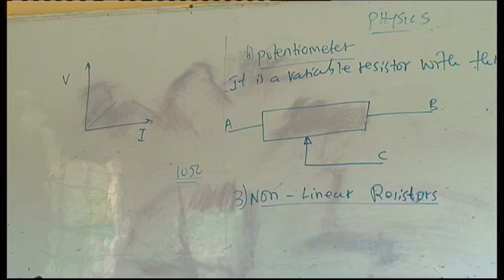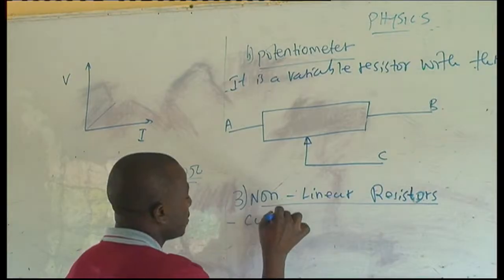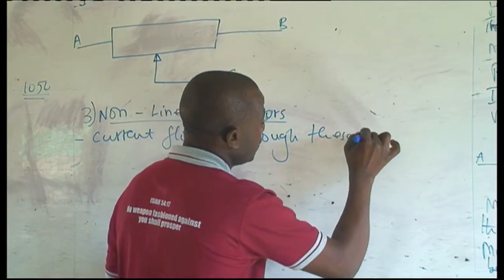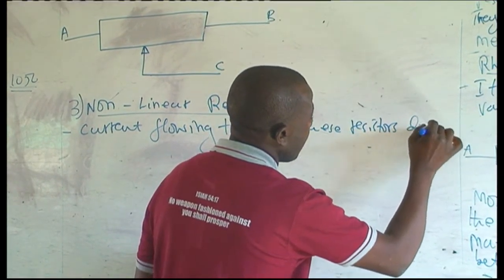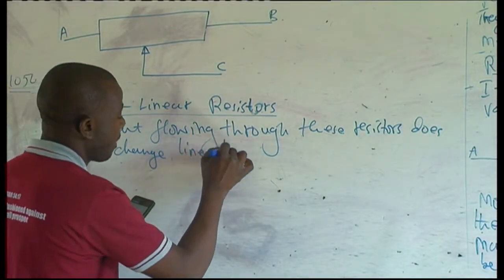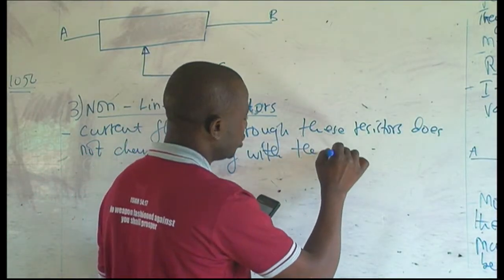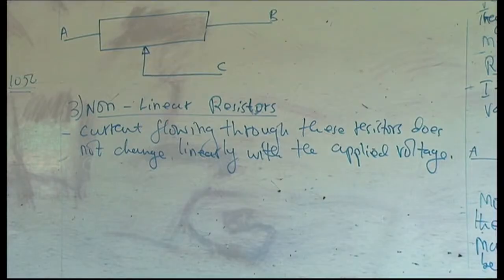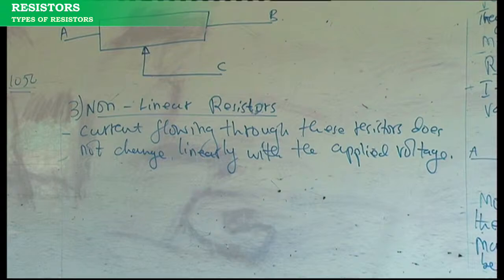So that means that as the resistance increases, current flowing will vary from one point to another. The current flowing through these resistors does not change linearly with the change in the applied voltage.